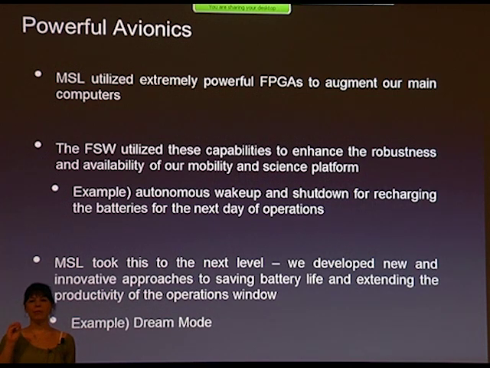How can we do that even more? We did that using FPGAs, and the best example of this is something called dream mode, although when we first invented it, a couple of us were calling it nightmare mode because we were kind of scared of what might happen. So dream mode is another capability built into the REU FPGA.